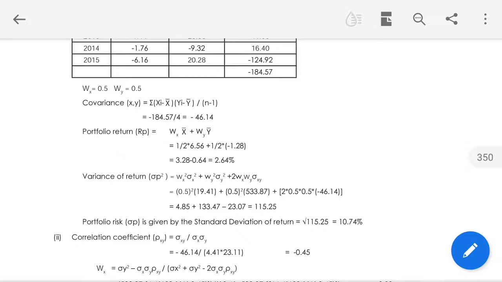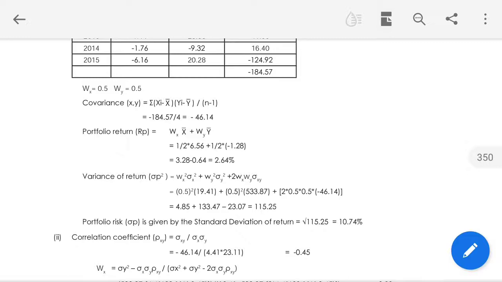From variance, when we calculate standard deviation, we apply square root to the net answer. In this scenario, the formula is sigma p square, the standard deviation of portfolio square, which is variance.